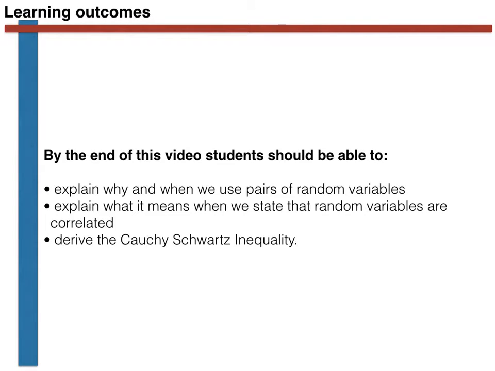Before we get onto that though, let's briefly review what we have learnt elsewhere about pairs of random variables. In the videos on Bayes' theorem and independence, we learnt to think about dealing with pairs of random variables in the way that I'm about to illustrate. We drew a horizontal line and used this to represent the various values that the first of our random variables, capital X, can take.